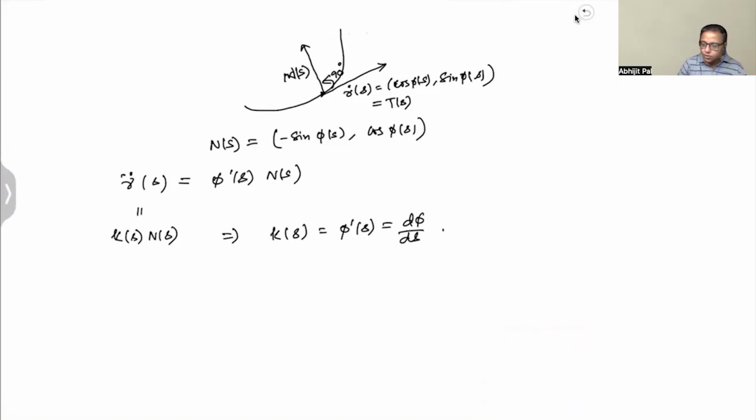Okay, so as a corollary of this, what we can get is the following.